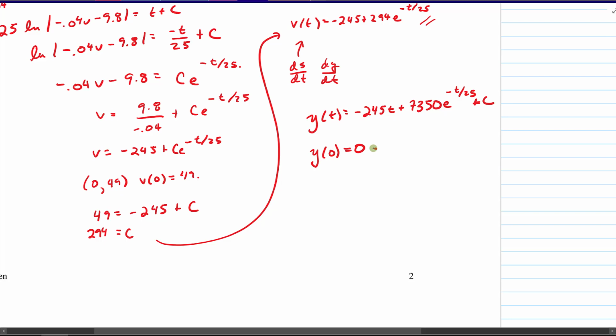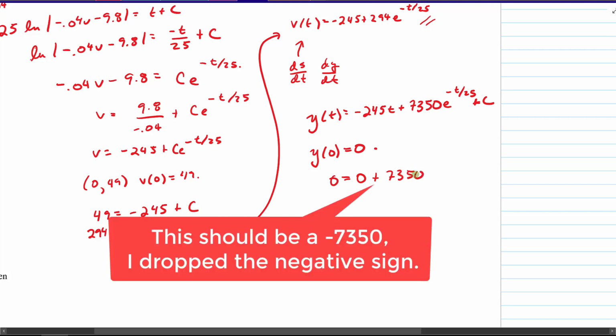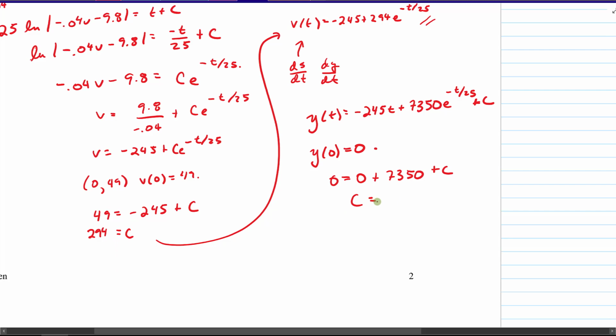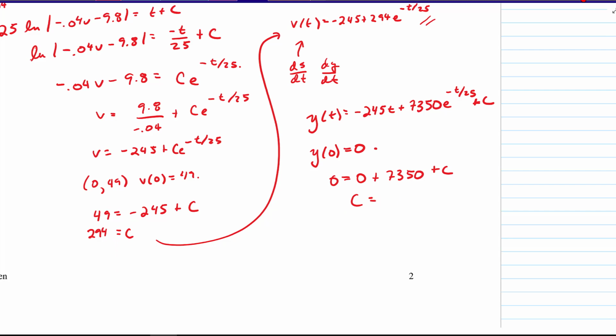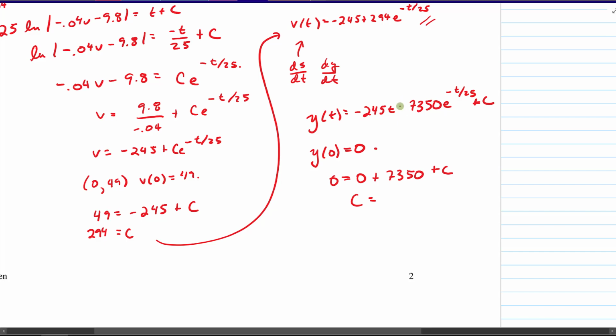Here, of course, we've got to be a little more careful when we plug in 0 into this equation. If I plug in 0, the first term zeroes out. The second term would just be the constant 7350 plus c. Oops, I'm sorry, folks. When I divide by negative 25, there should be a negative sign here.